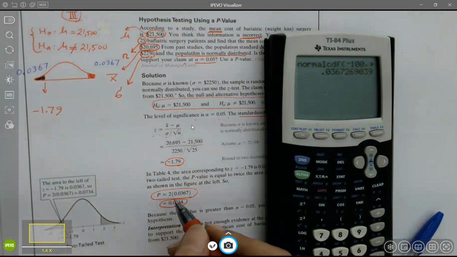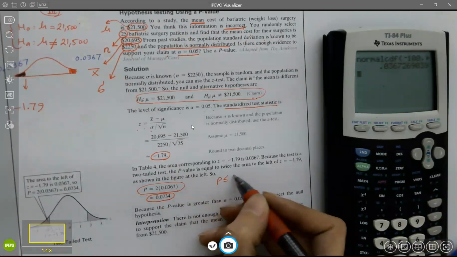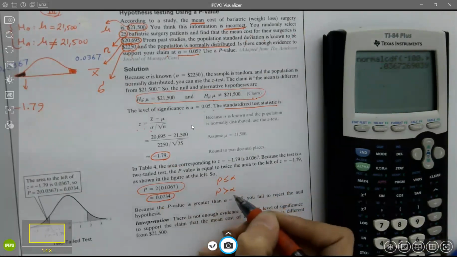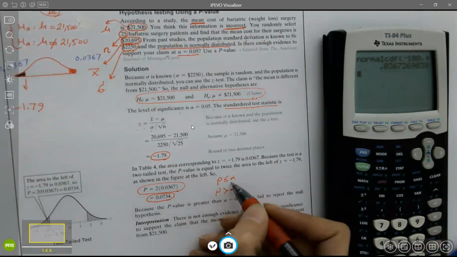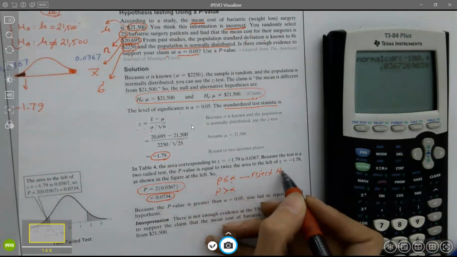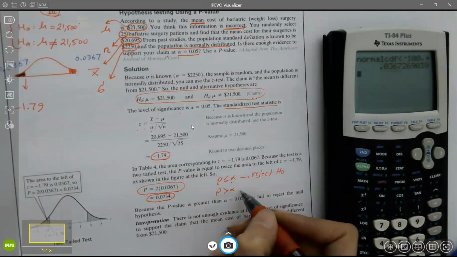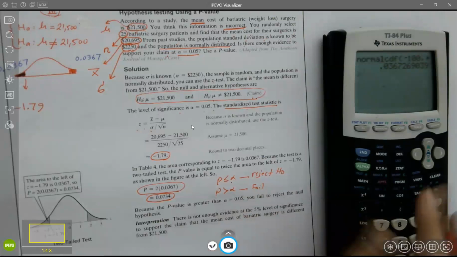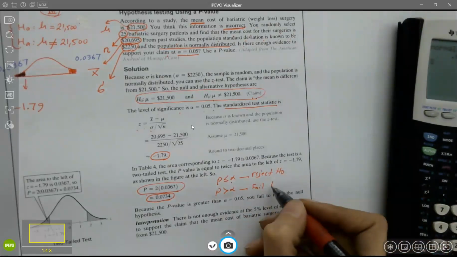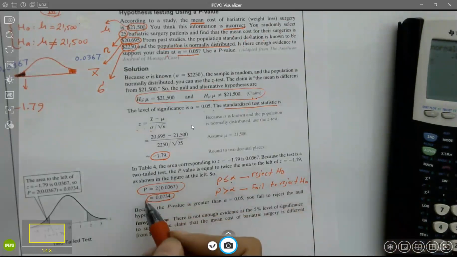Now you have to check whether the p-value is less than or equal to alpha, or greater than alpha. If the p-value is less than or equal to alpha, you reject the null hypothesis. If p is greater than alpha, you fail to reject the null hypothesis. Which case is this?